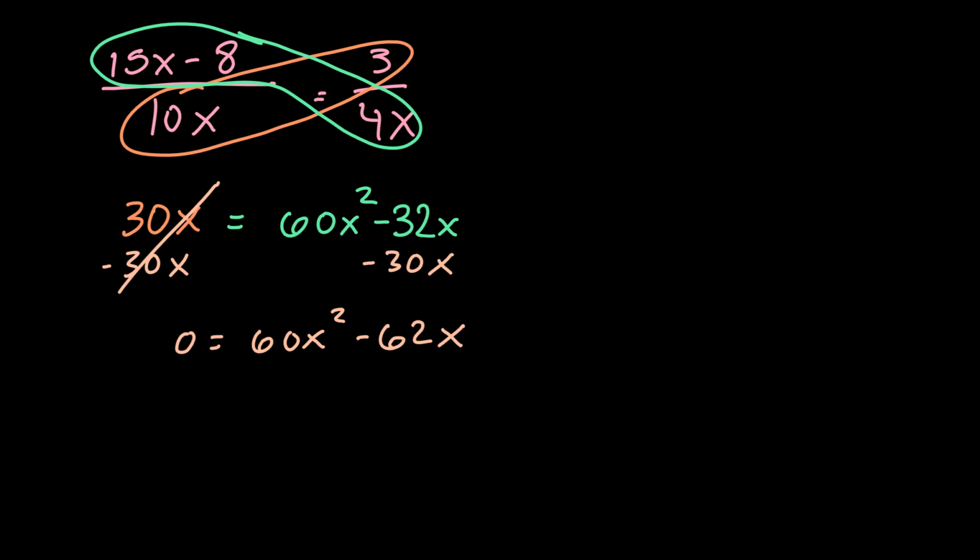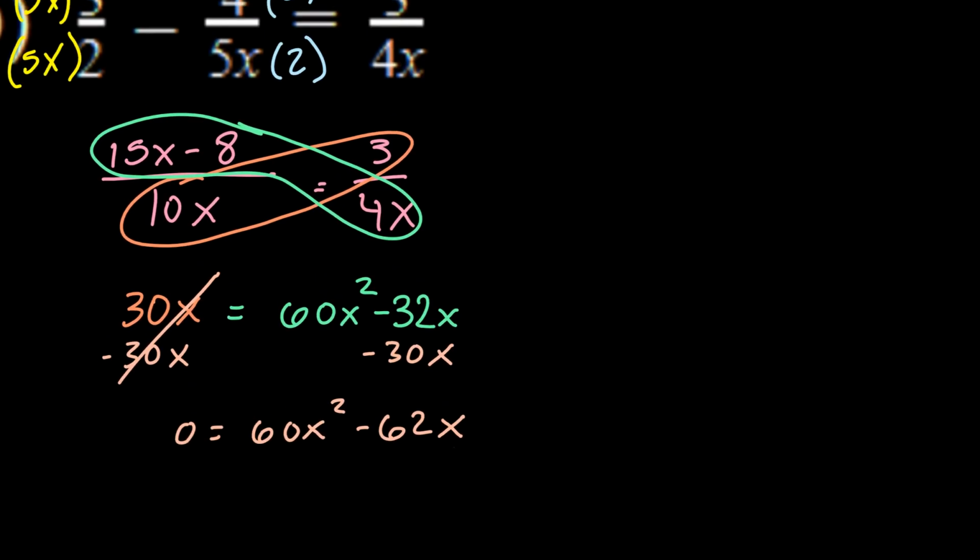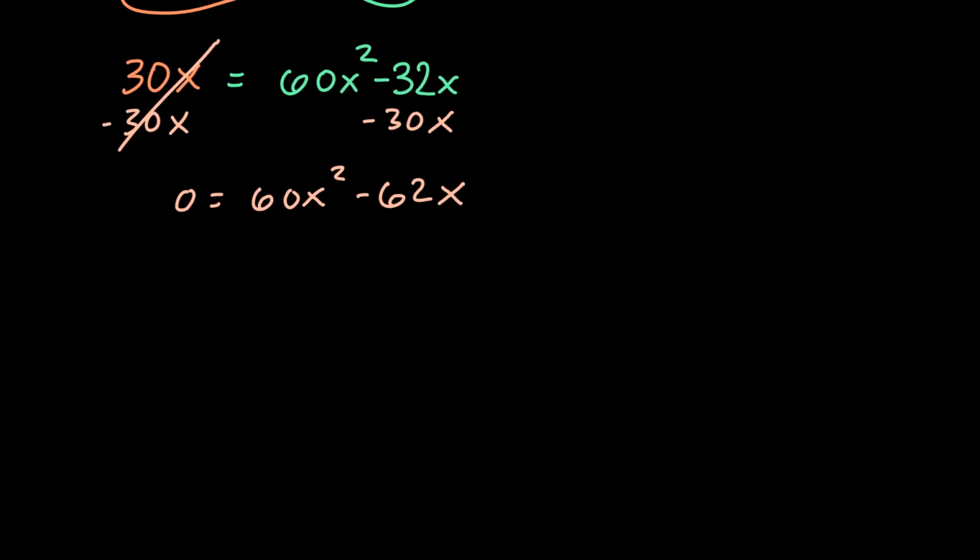What do we always look for first? Always look for a GCF to pull out, right? What can you pull out? Two, just a 2. Don't overthink it.